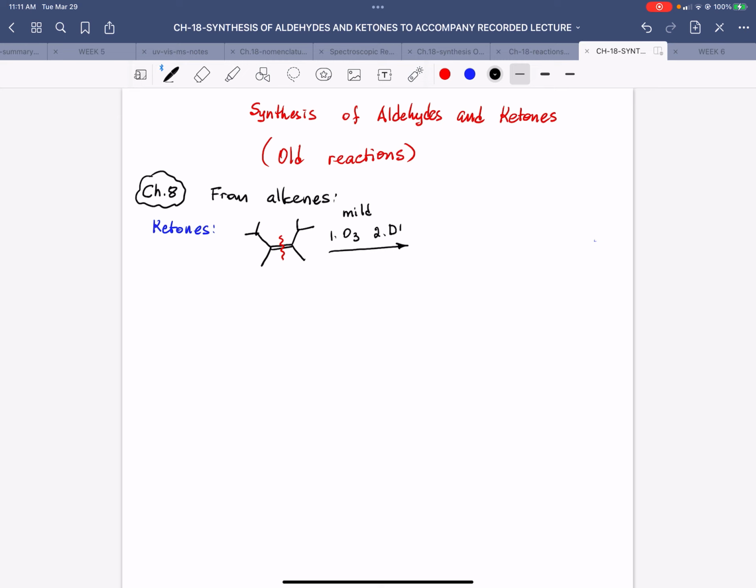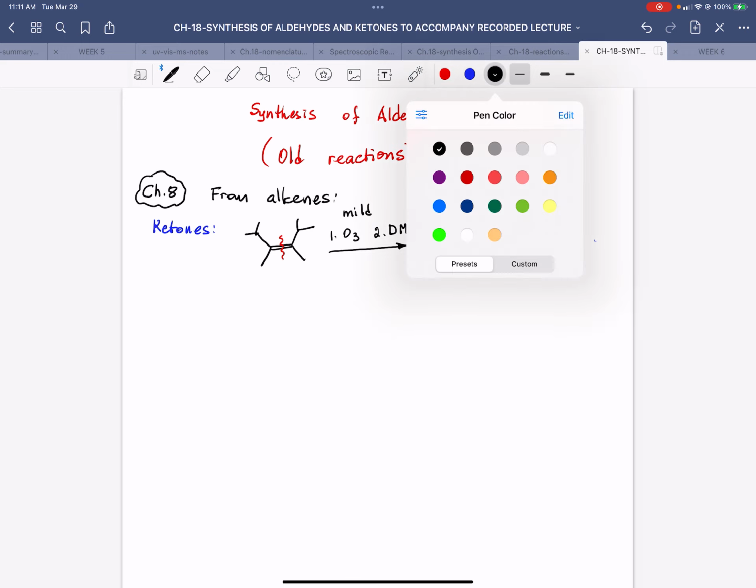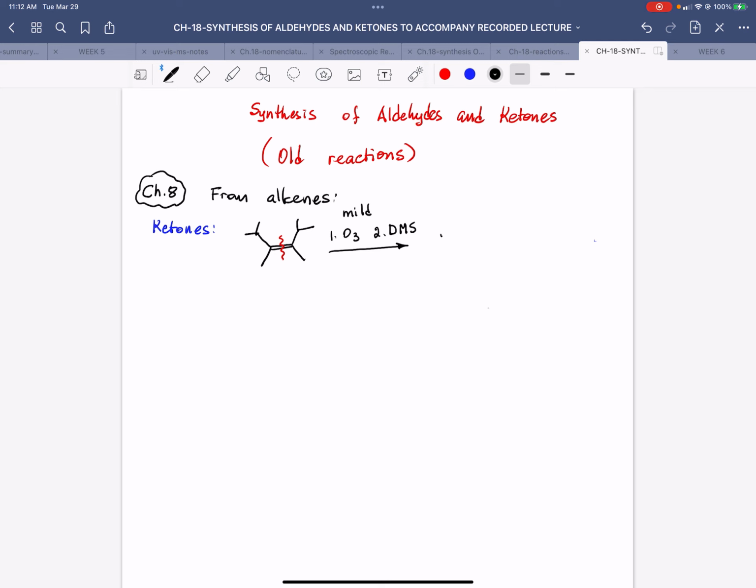Ozone in dimethyl sulfide. Okay. And the result of this reaction will be formation of 2 moles of a ketone. The substituents on both sides are the same, so we're going to get 2 moles of the same ketone. Okay?